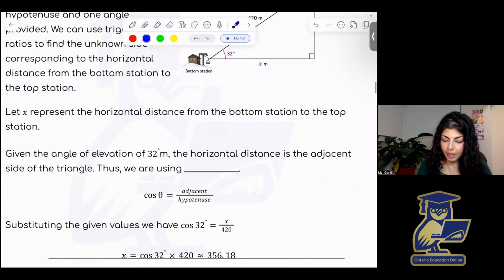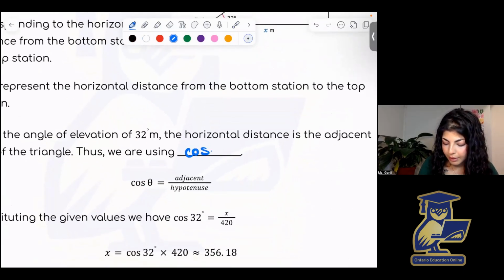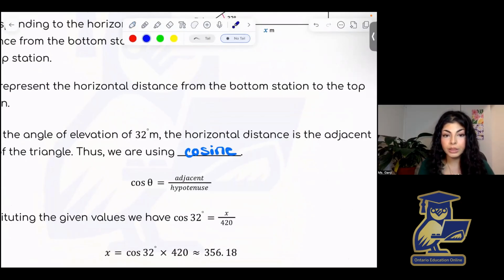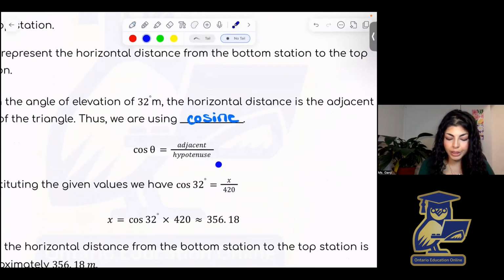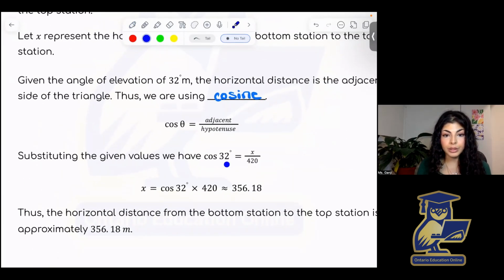And so cosine of theta is going to be adjacent over hypotenuse, which given our values, we have cosine of 32 degrees is equal to x over 420. And if we solve for x, we are doing cosine of 32 degrees times 420, which is approximately 356.18.